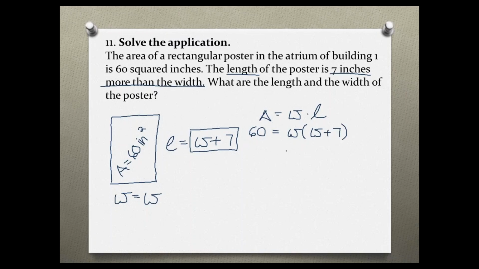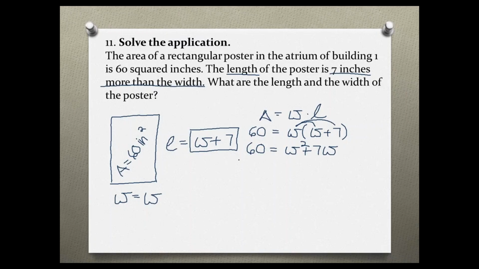Okay, so basically we need to find W, and for me to be able to do this, it needs to be equal to 0. So I'm going to start by getting rid of the parentheses, distributing the W, W squared plus 7W.